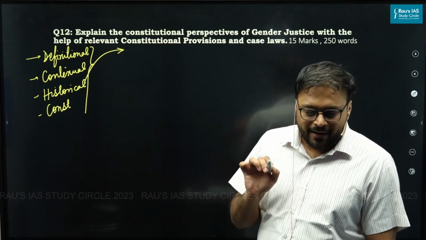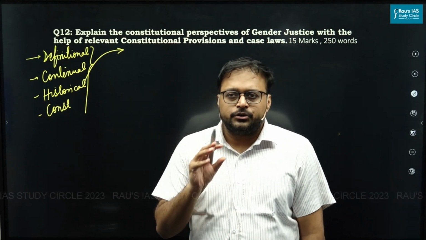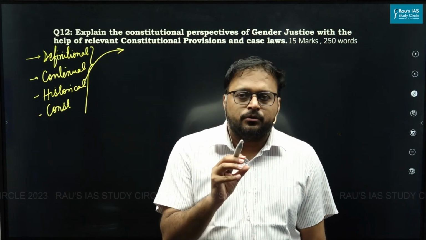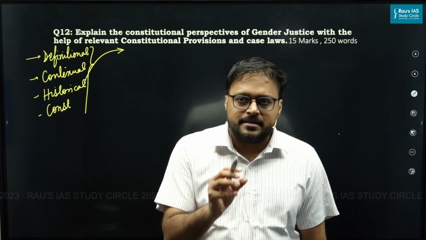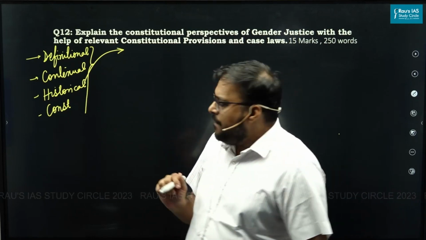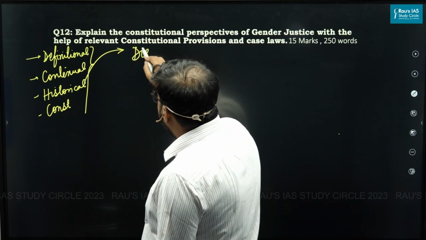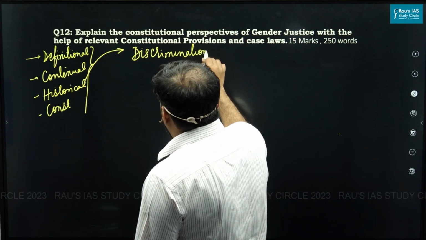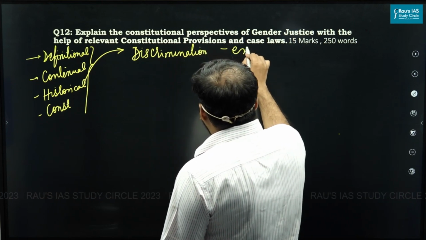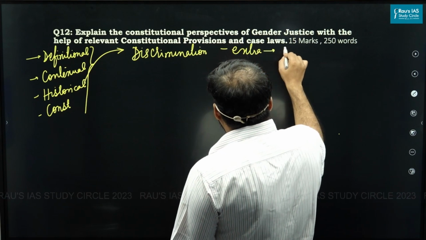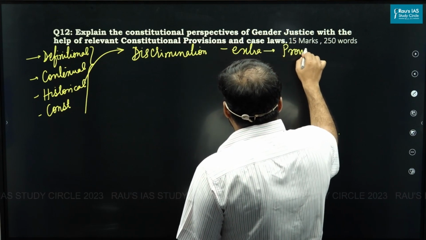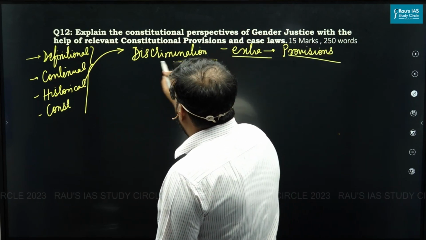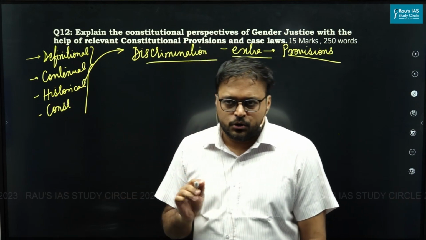For example, I can say that the Indian constitutional makers were aware of the discriminatory attitude and discriminatory practices in Indian society, and therefore they took extra care, and this extra care is revealed in the different provisions of the constitution. So just by combining the idea behind these three keywords, I will introduce this question.